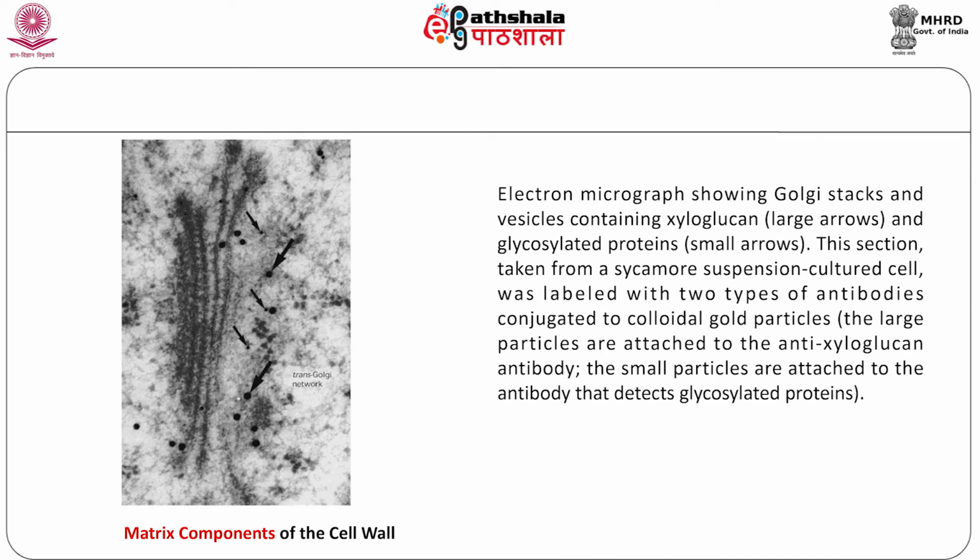To summarize this module, we have learnt about the cell wall. The cell wall is an important component of the plant cell. The cell wall is divided into two types, primary cell wall and secondary cell wall. The cell wall compositions are cellulose, hemicellulose and pectins.